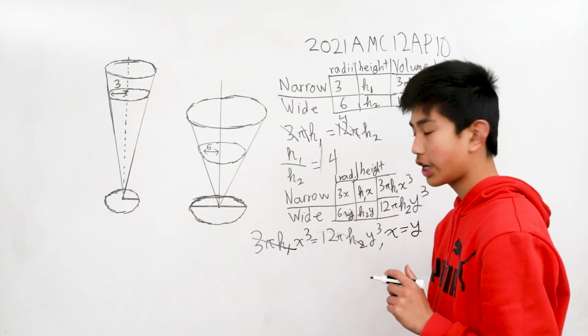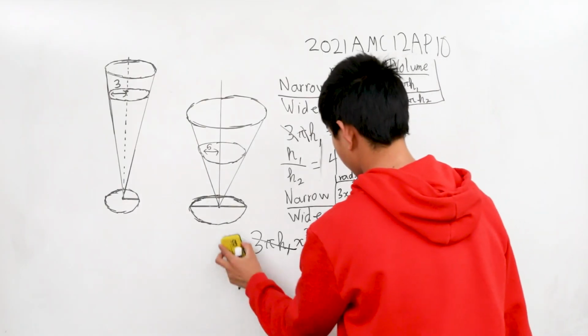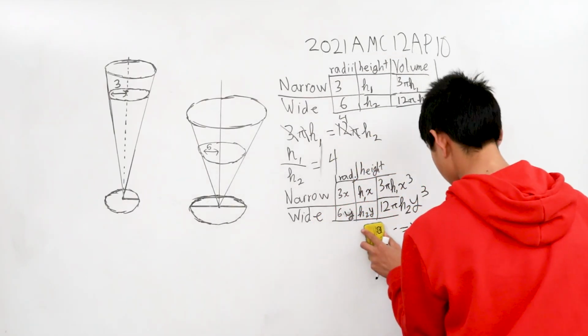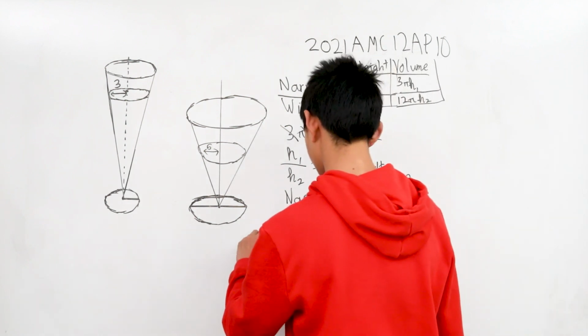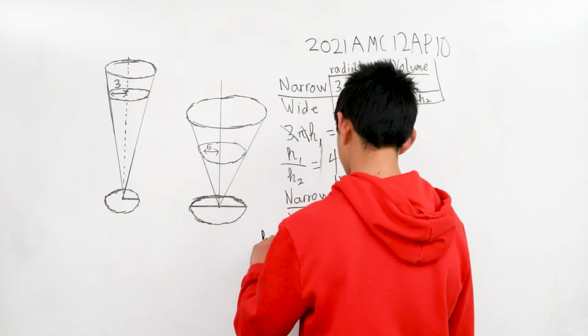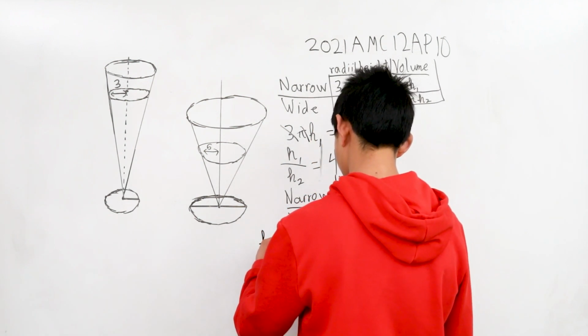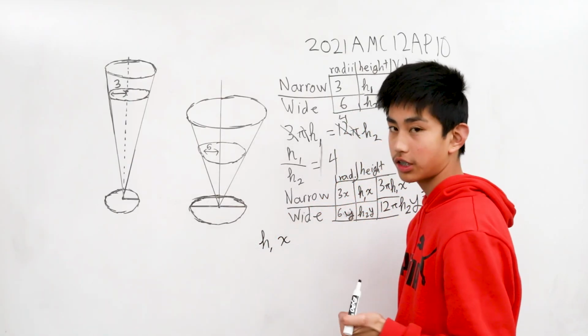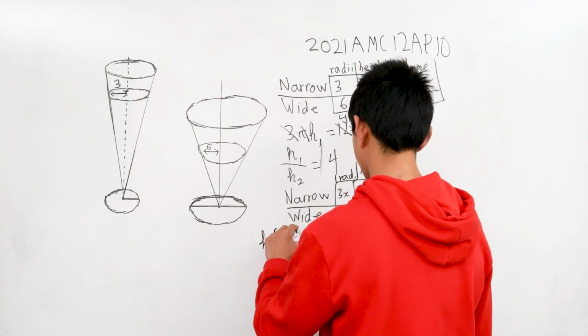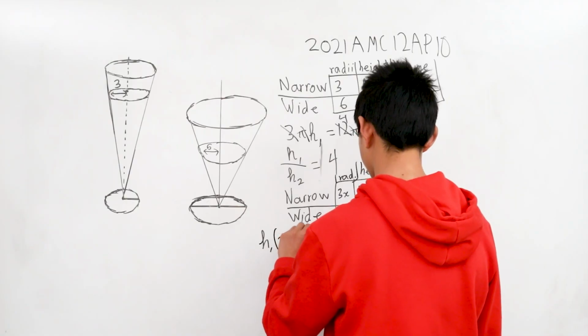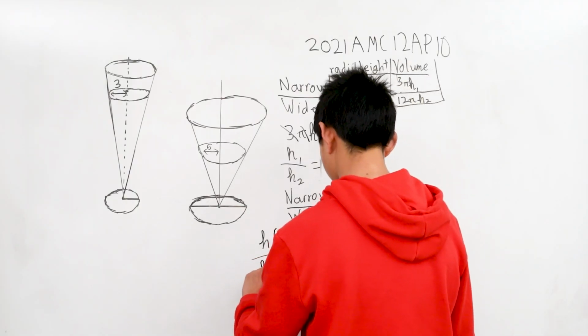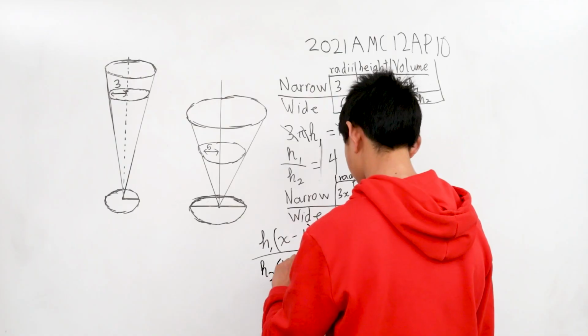So the value we want is the change in height for the narrow, h1 x, and then you subtract h1, so you can factor out an h1, and this is x minus 1. Same thing down here, h2 times y minus 1.